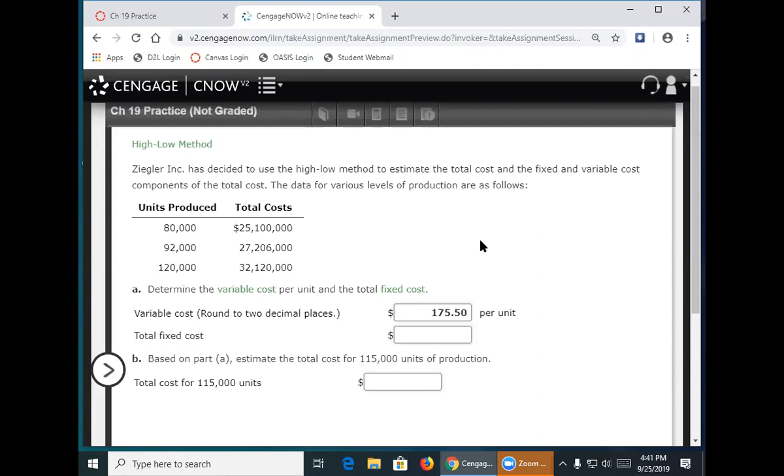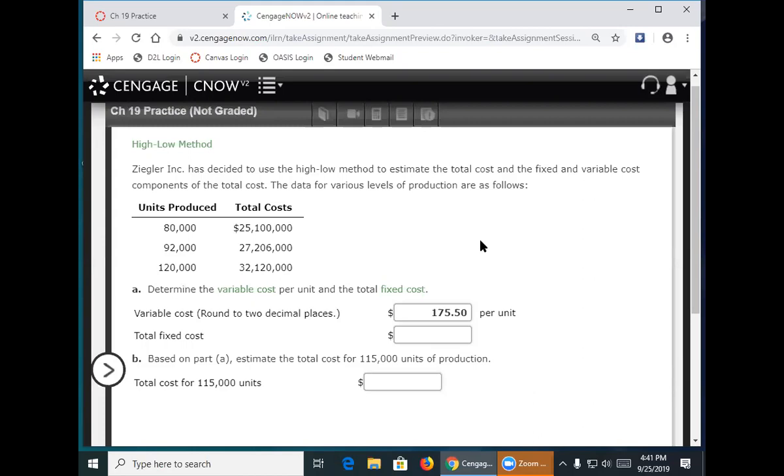Once we solve our variable cost per unit, we can use any of these levels of production and total cost and plug them in to solve for fixed cost. Again, a little bit of algebra. I want to write my cost equation.